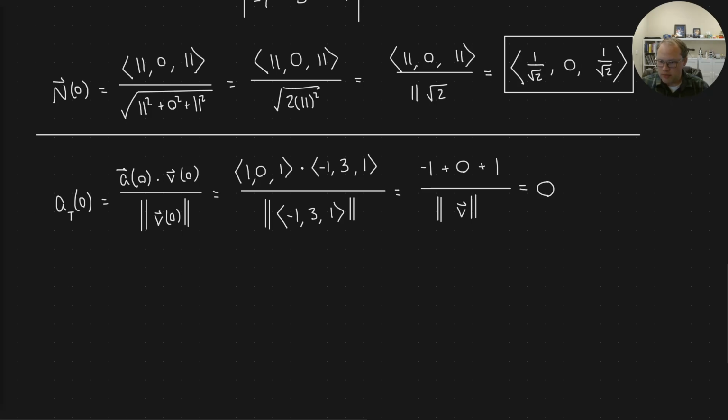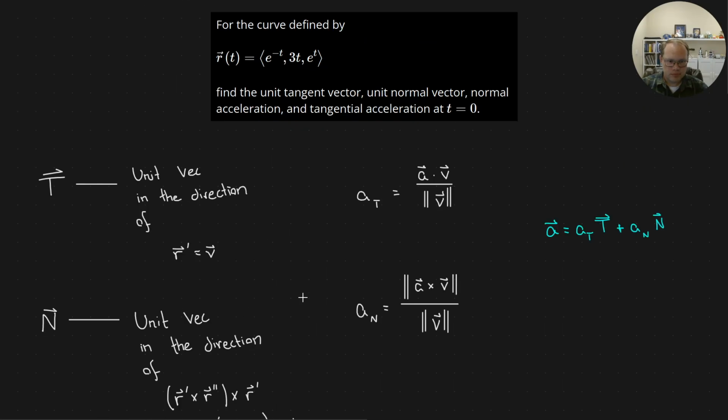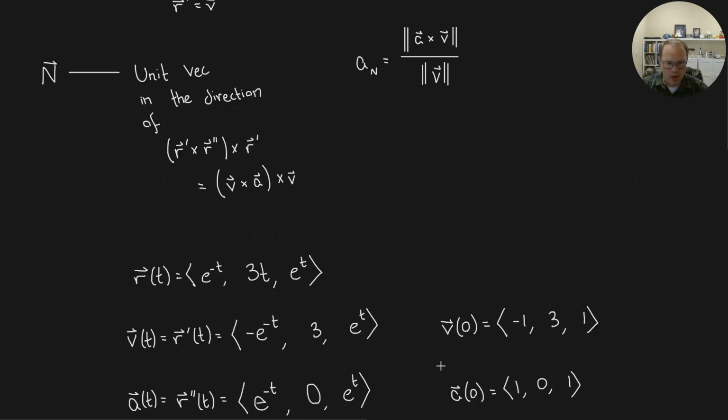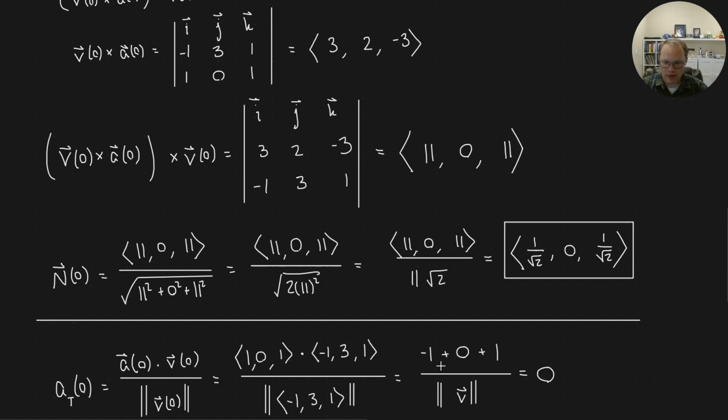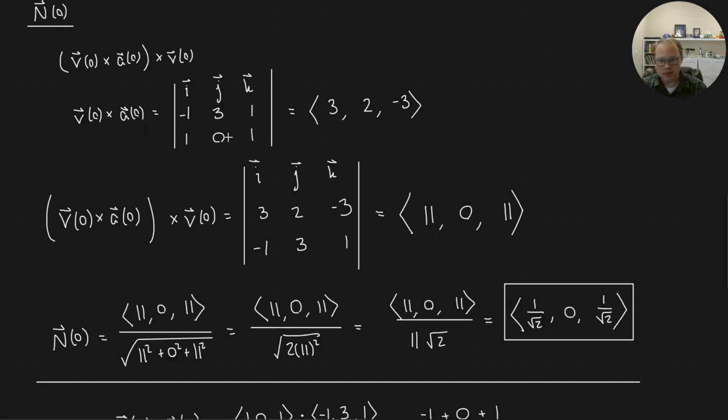All right, one more. We need to find the normal component of acceleration. So we need to take the norm of the cross product of A and V and then divide by the norm of V. Now we already have V cross A. We found it to be 3, 2, negative 3.